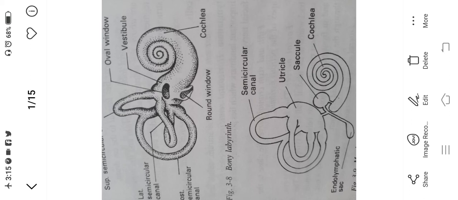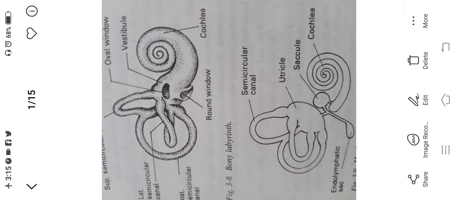So once again I will explain, this is bony labyrinth and this one is the membranous labyrinth. These are the parts of inner ear. The bony labyrinth is a series of bony cavities connected with each other, and this contains perilymph. And the bony labyrinth consists of 3 semicircular canals, then vestibule and cochlea.